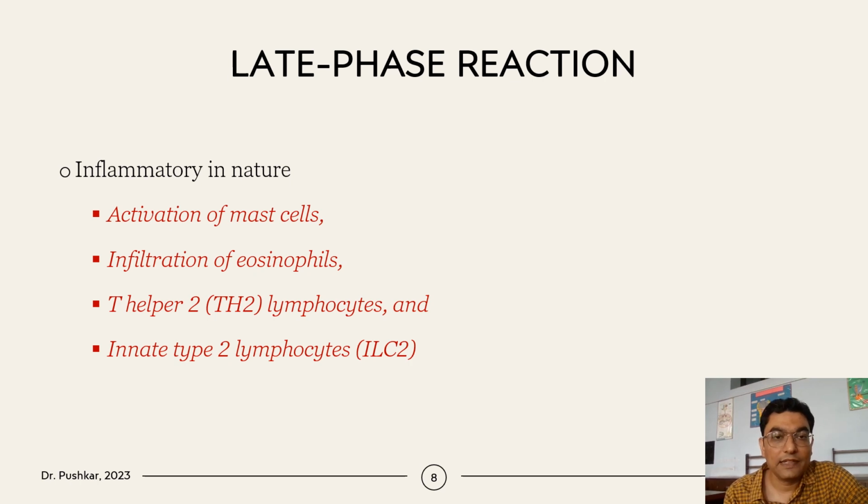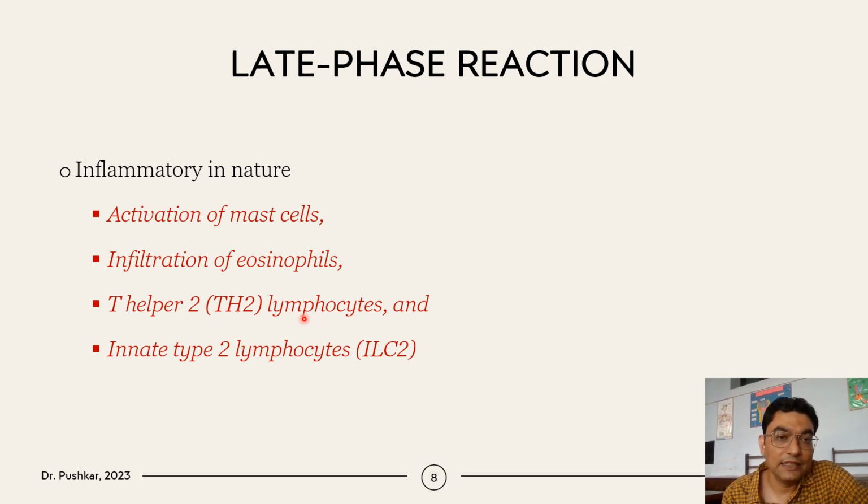Now in the late phase reaction, what really happens is that it is basically inflammatory in nature. In the late phase, of course, there is activation of mast cells, as well as infiltration of eosinophils and lymphocytes.